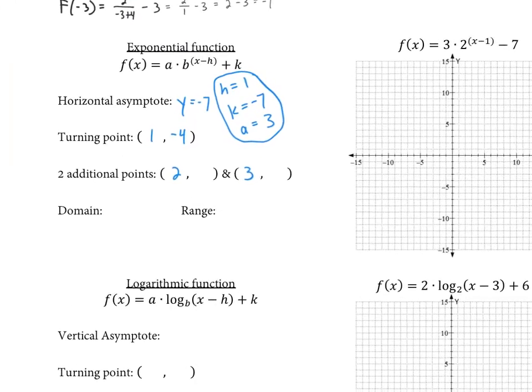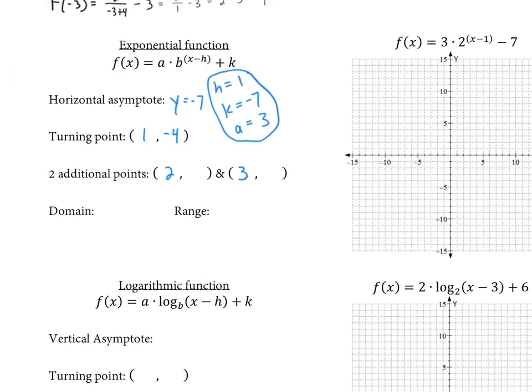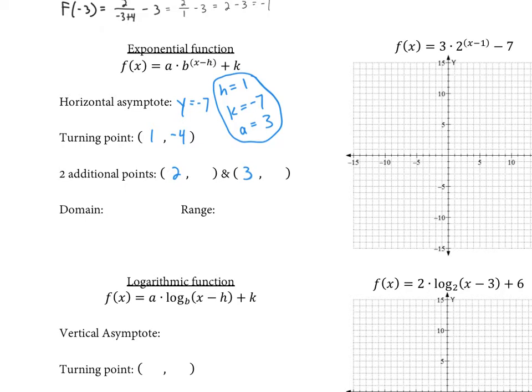Plug these in. Plug in 2, so we get 3 times 2 to the 2 minus 1, minus 7.